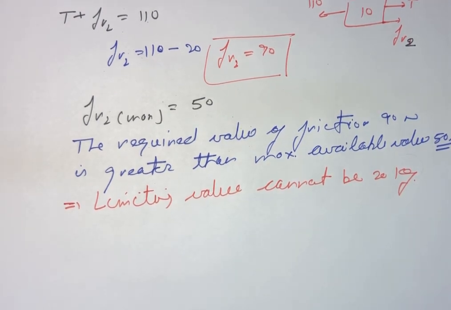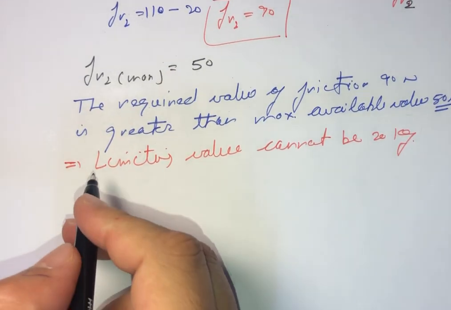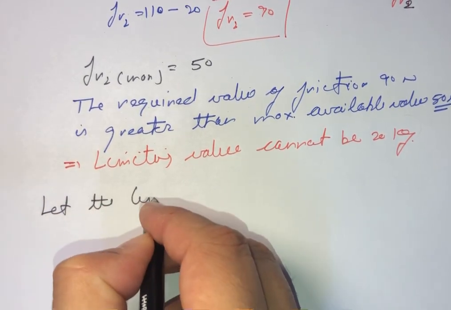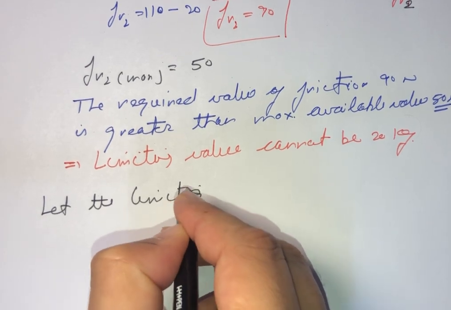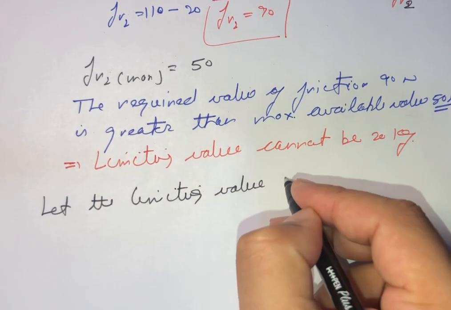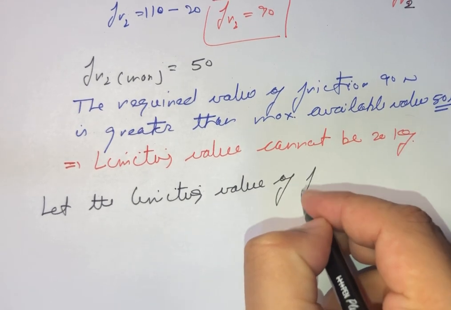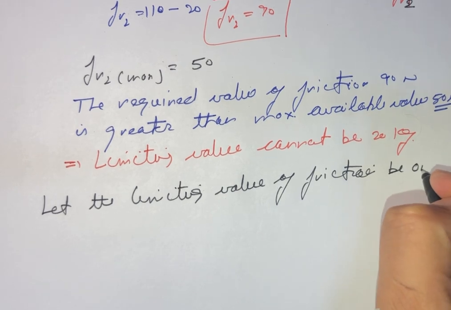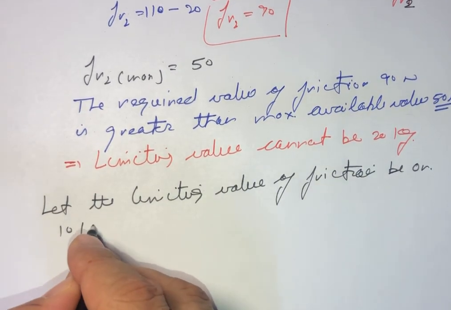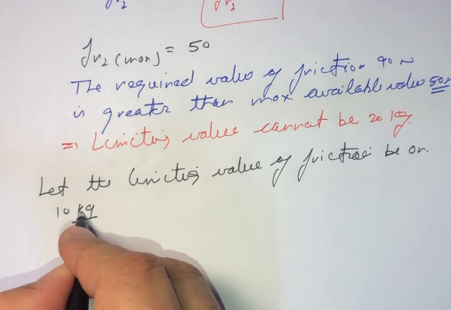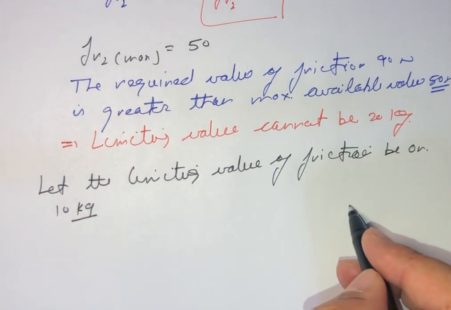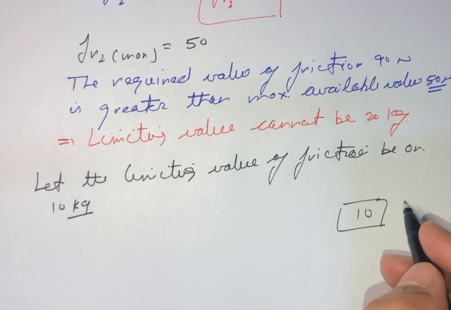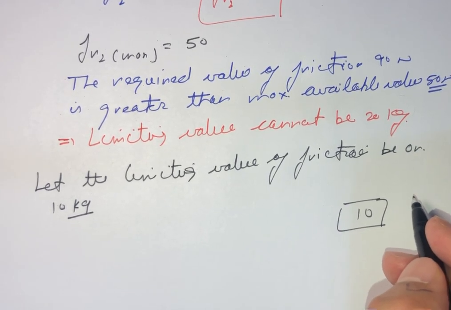So we have to change our hypothesis or assumption that let the limiting value of friction be on 10 kg. So let us draw the block of 10 kg now. This is 10 kg and we have a force of 110.